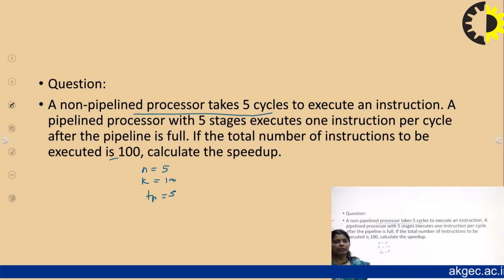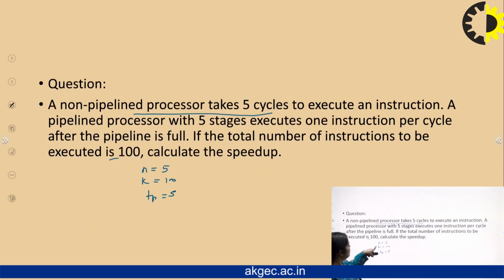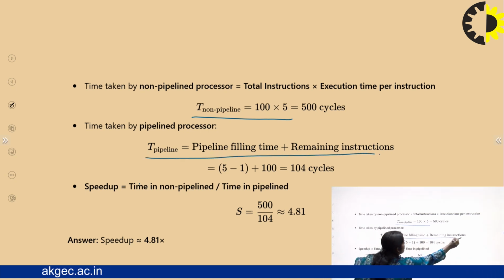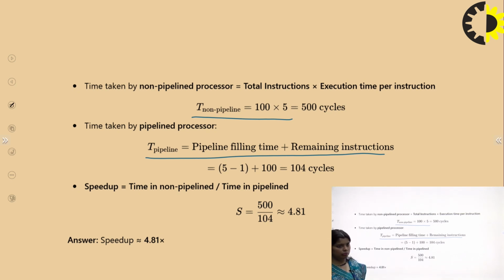You can calculate again K plus N minus 1 into TP. The same procedure will be followed for the non-pipeline system, N into K, that is 100 into 5, so 500 cycles will be there. And for the pipeline, the pipeline filling time plus the remaining instructions to be executed, that is K plus N minus 1 into TP.